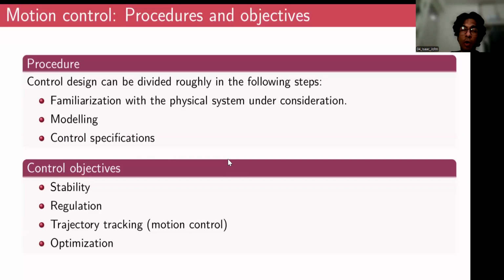Is it allowed to have any sort of oscillations? All these things come under control specifications. And moving on to control objectives, the main objective of a controller is to be stable.